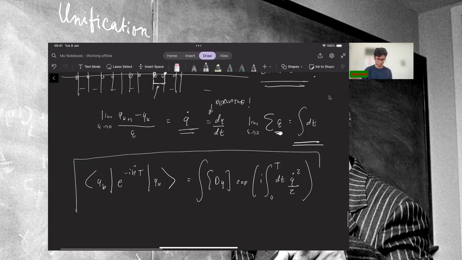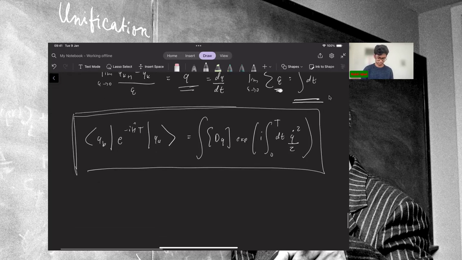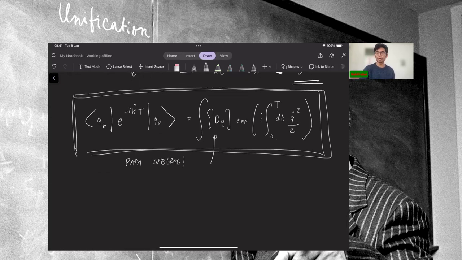Okay. This is the formula for the path integral. This thing here means integrate over all paths, and the integral over all paths is formally defined in the following way.